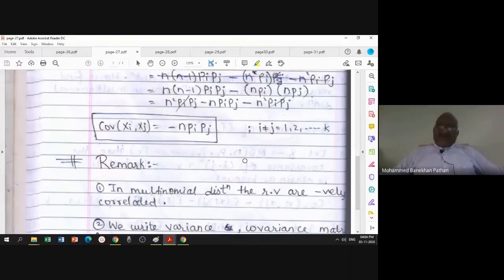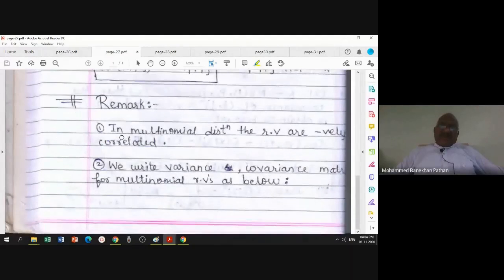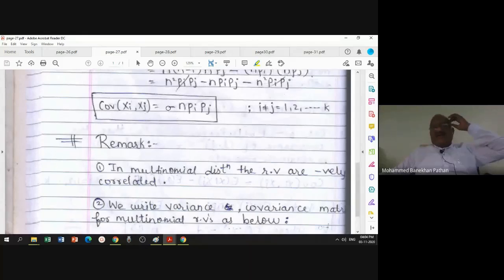Let us put some remark on the calculation. In the multinomial distribution, the random variables are negatively correlated. So this is the remark derived from this expression. If covariance is negative, the correlation is negative. And what is the definition of negative correlation?